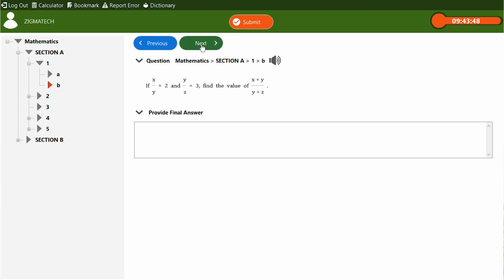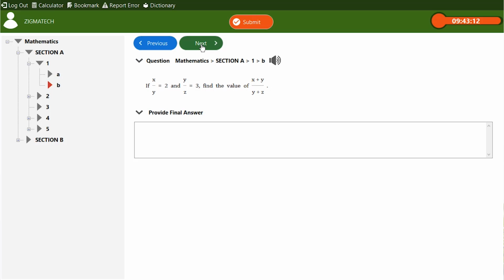This is B part of it. B part is saying if x all over y equals 2 and y all over z equals 3, find the value of x plus y all over y plus z.